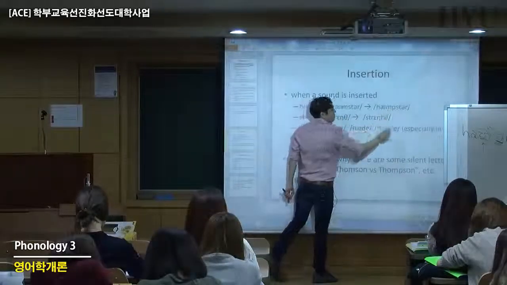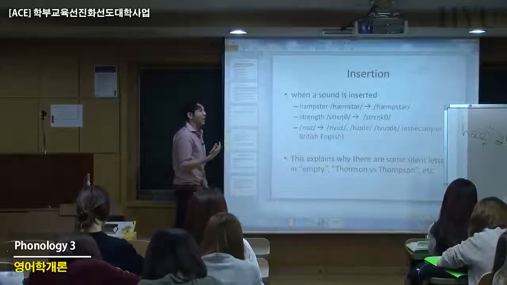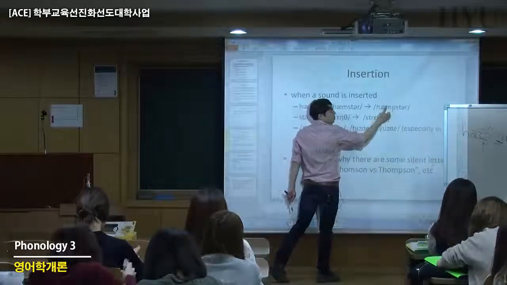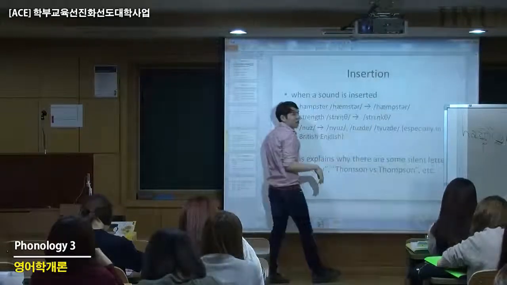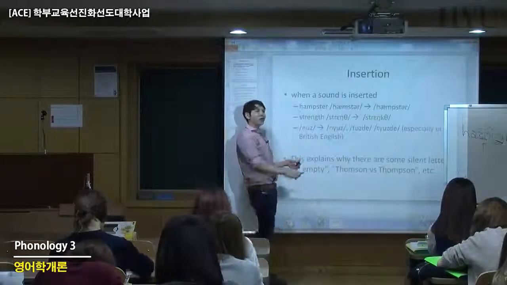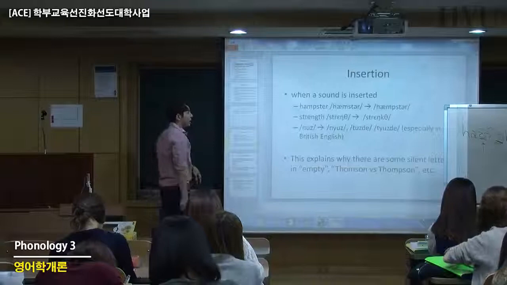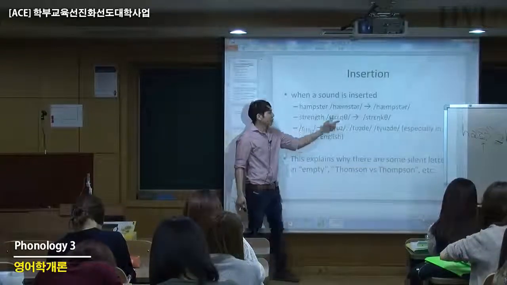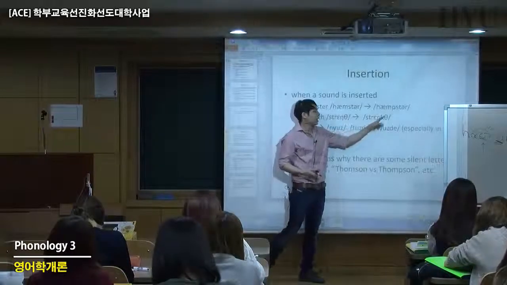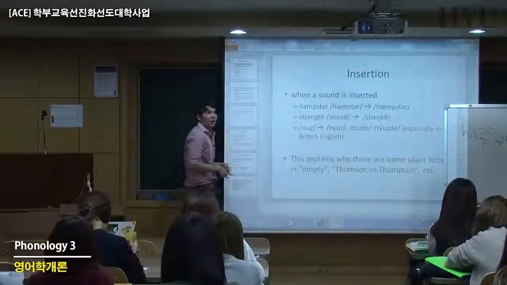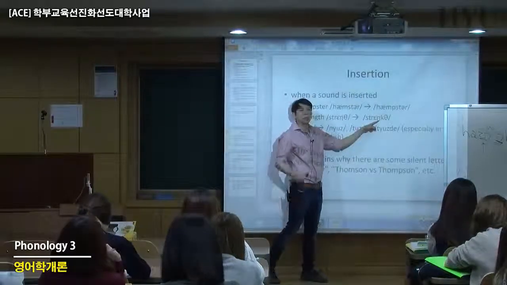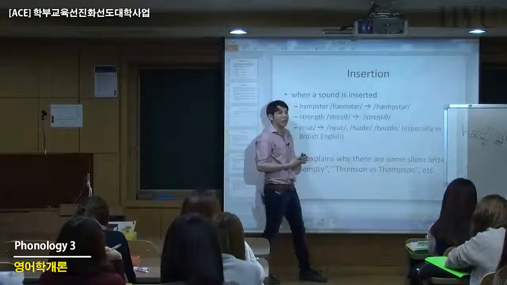When you pronounce this, people usually pronounce the P, "hamster", the unreleased P. Because M is a bilabial sound and P is also a bilabial sound, you stick in the P just to stop the sound. Or "strength", this is actually the careful pronunciation, but some people usually put in the K sound, "strengkth", like that, okay? Because K and the N with the tail match in terms of the place of articulation. They are velar sounds.